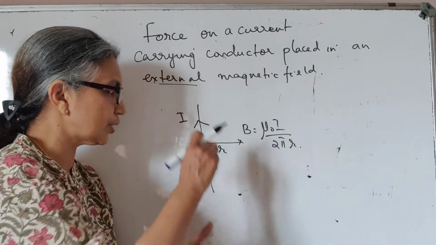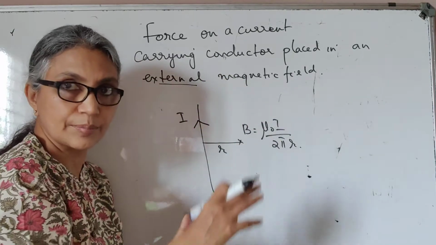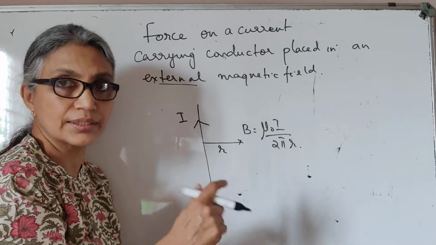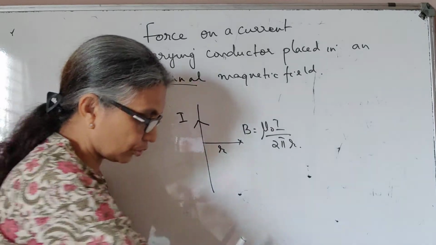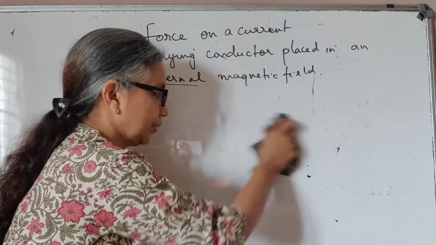What we are now going to do is keep this conductor in an external magnetic field, some other magnetic field, and then find out the force experienced by that conductor.